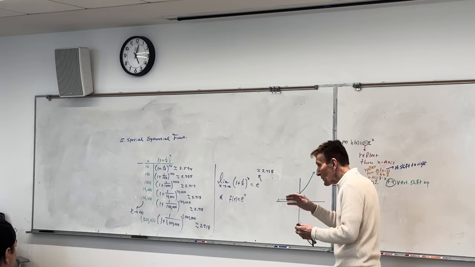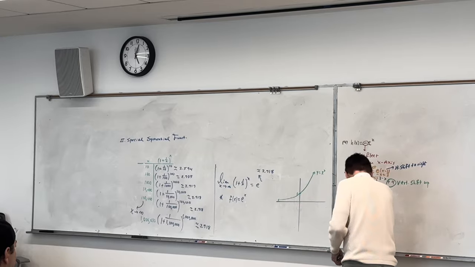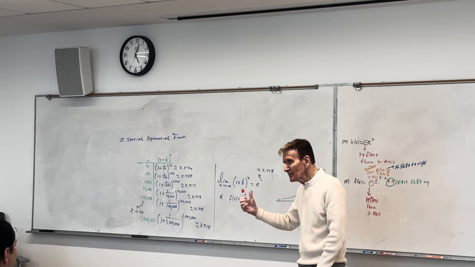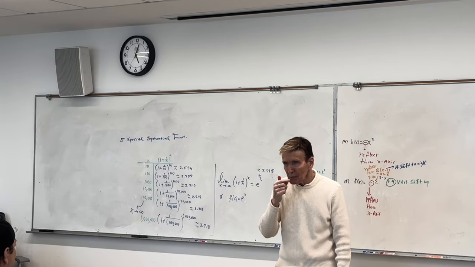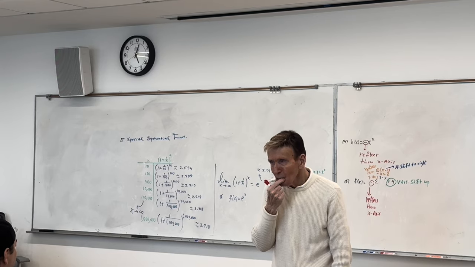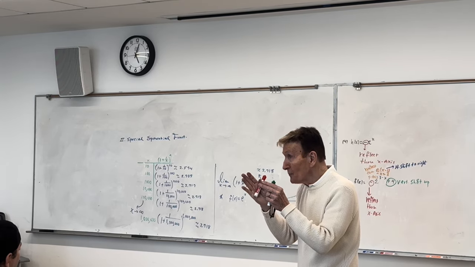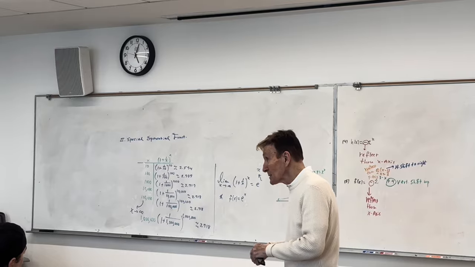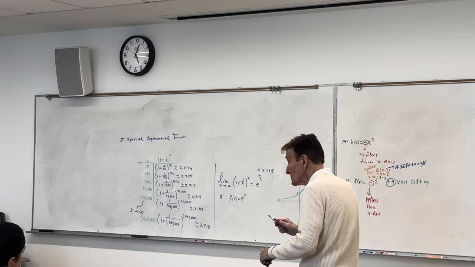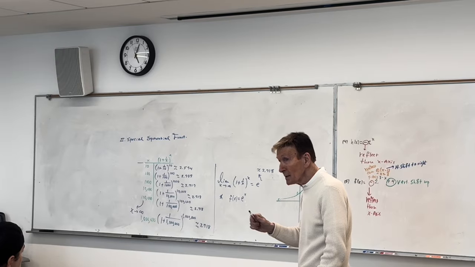Can anyone tell me, without going through a table, which we could, or construct a table and plot points, what 3 raised to the x might look like? Any ideas?